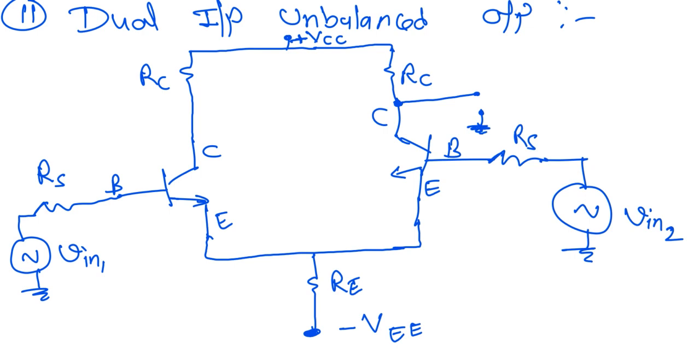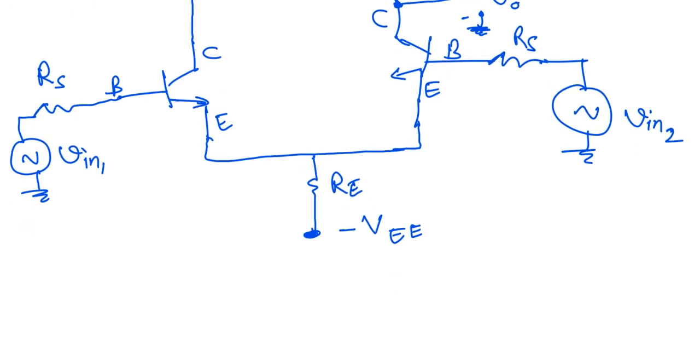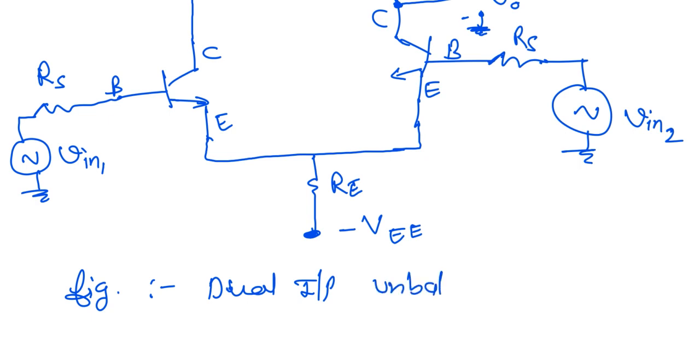Here I will measure the output with respect to ground. Here is my V0 with respect to ground, plus minus. Okay, so this is the diagram of dual input unbalanced output. So, figure: dual input unbalanced output.